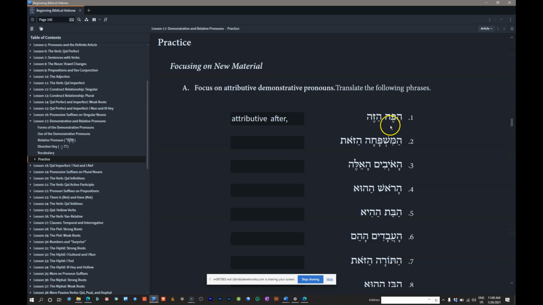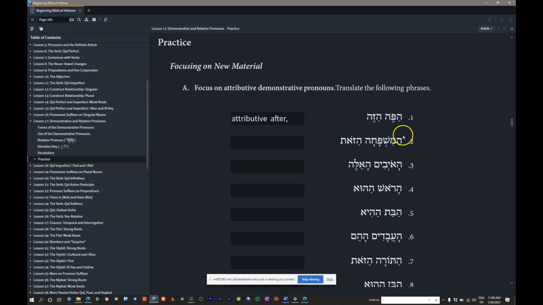Keeping that in mind, we can see here that both have the article and the demonstrative comes after, so this is going to be the attributive use. Literally it would be the mouth, the this, but we translate that as this mouth. Which mouth? This one. That's why it's attributive, because it's an actual adjective here. What type of mouth? This mouth, okay?